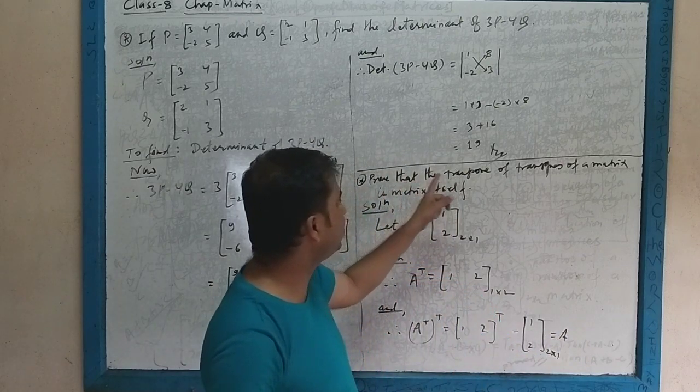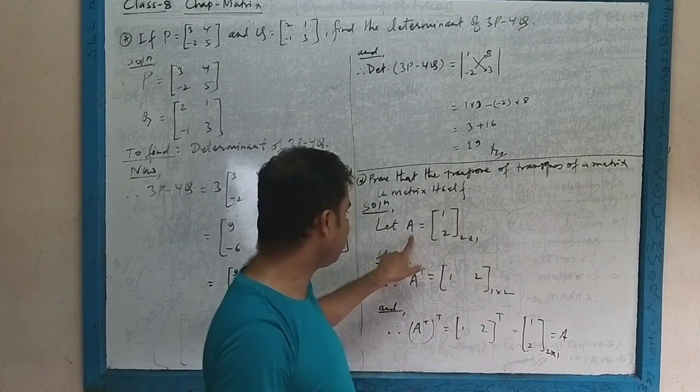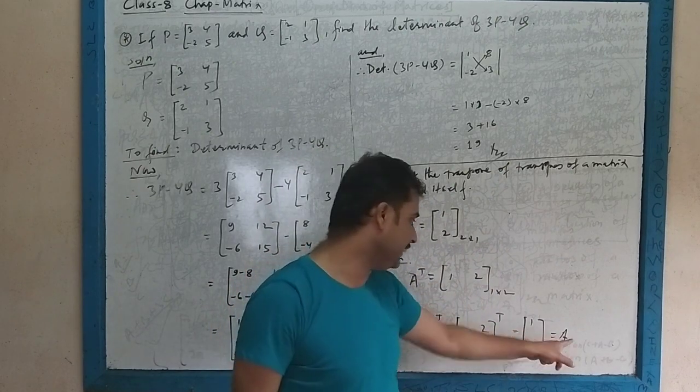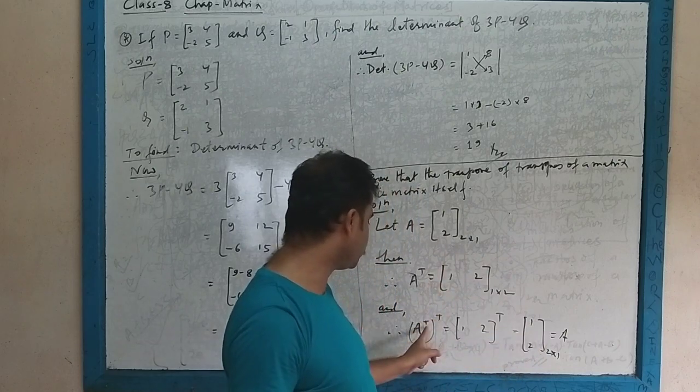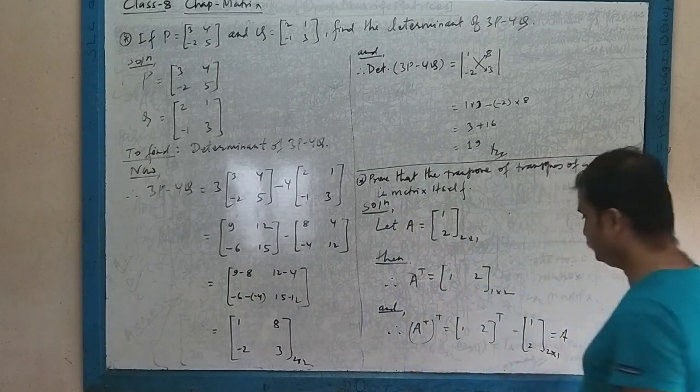So to prove that the transpose of a matrix is matrix itself, A transpose transpose is A. So transpose of any matrix is the matrix itself. So this is proved.